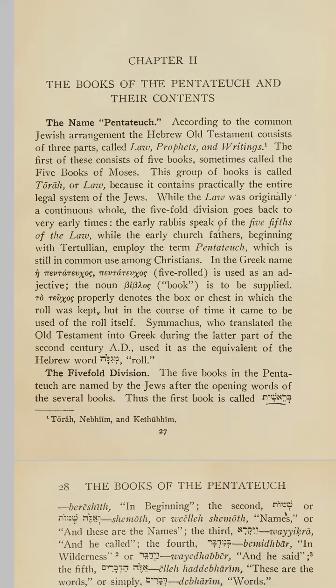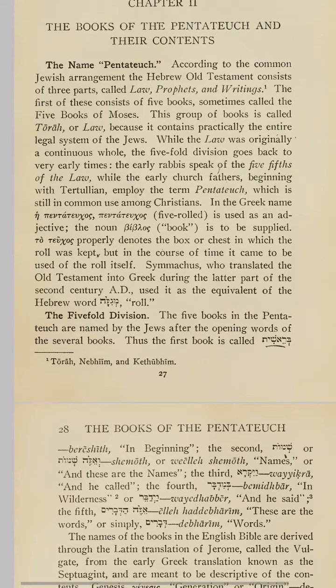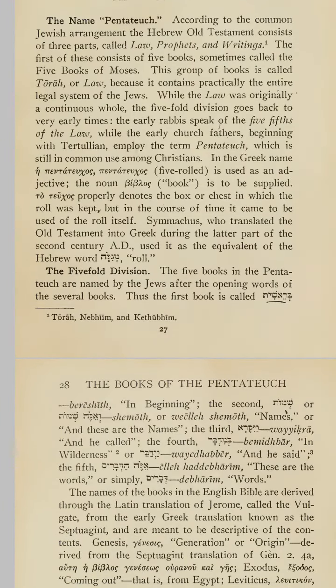Chapter 2. The books of the Pentateuch and their contents. The name Pentateuch. According to the common Jewish arrangement, the Hebrew Old Testament consists of three parts called Law, Prophets, and Writings. The first of these consists of 5 books, sometimes called the 5 books of Moses.